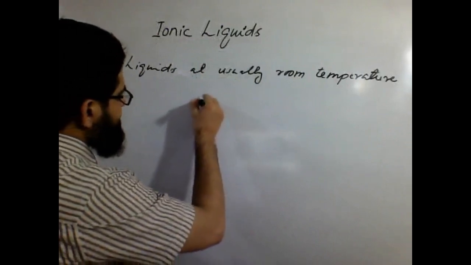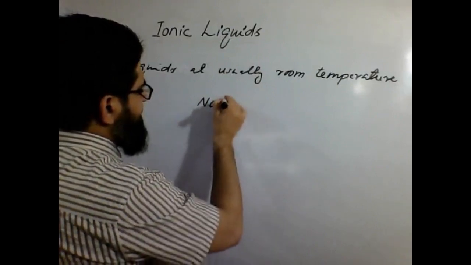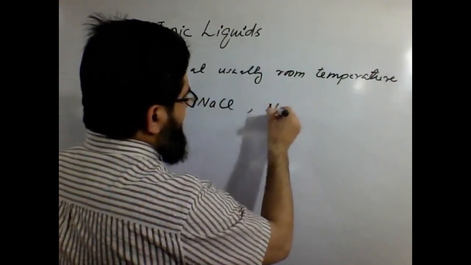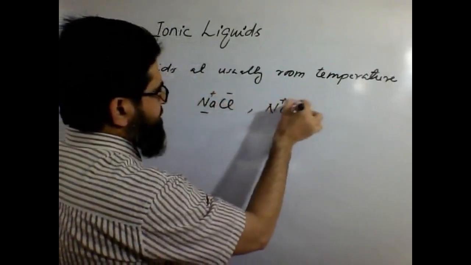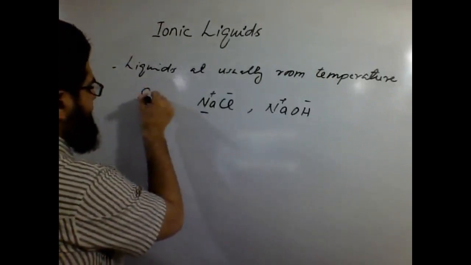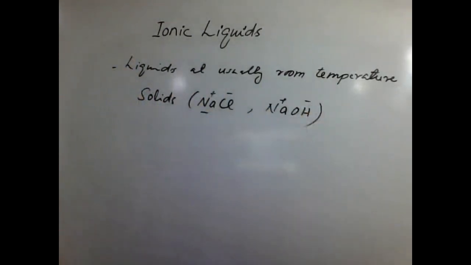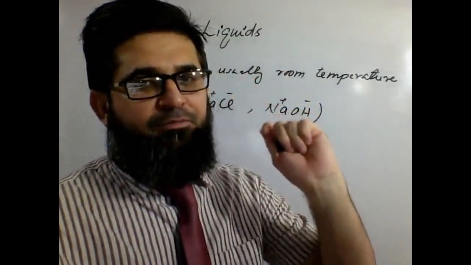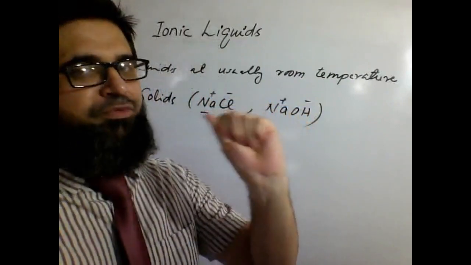Let's see, we have an idea about salts, like sodium chloride, we have an idea about sodium hydroxide. They are ionic compounds. But generally they are solids. However, the ionic liquids are supposed to be ionic compounds, but they are supposed to be liquids at room temperature.